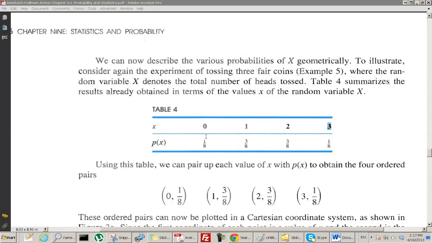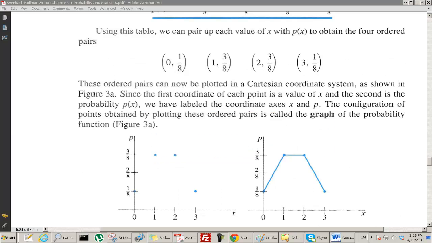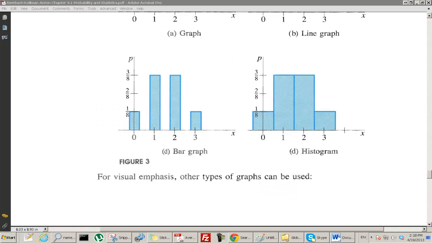They say the points are 0, 1/8, 1, 3/8, 2, 3/8, 3, 1/8. So we can, of course, graph it either this way or this way in the Cartesian coordinate system. That's the xy axis. We could also graph it this way or this way. Still 1/8, 3/8, 3/8, 1/8, or this way.